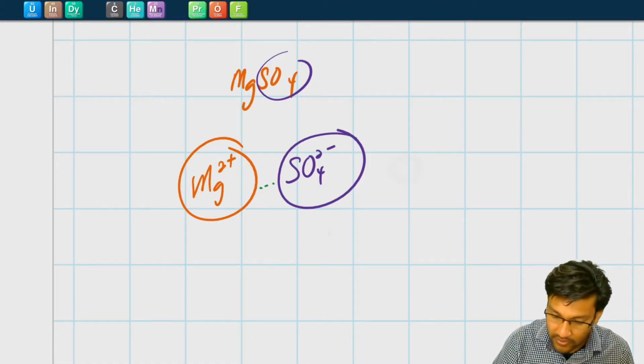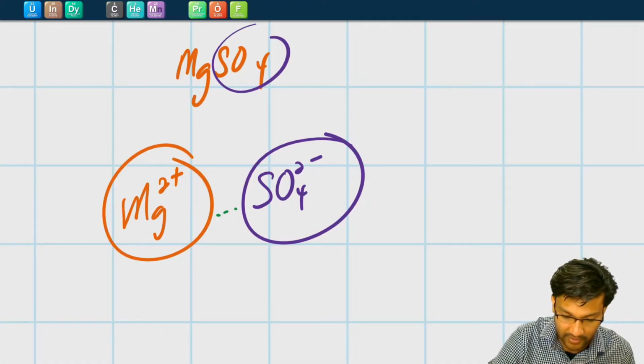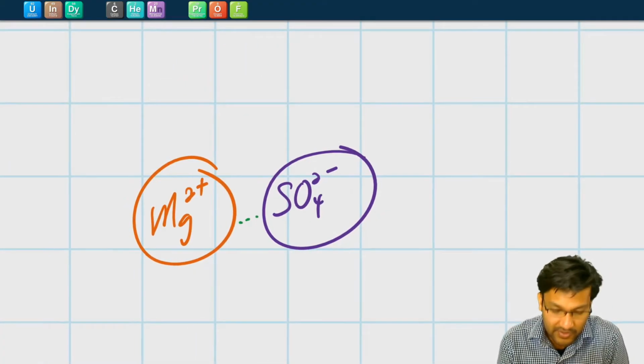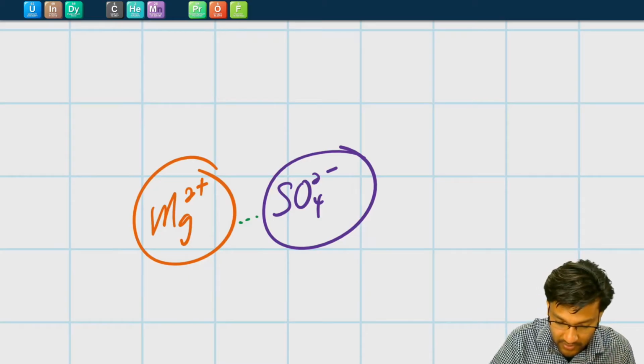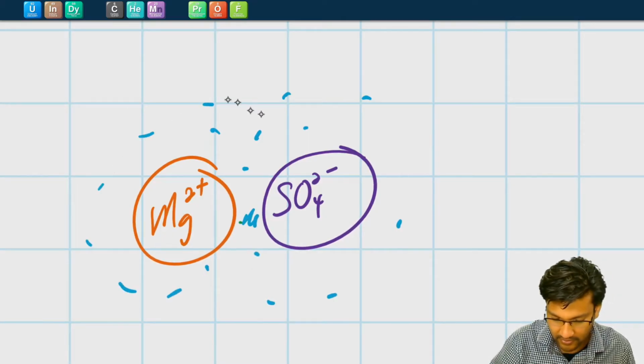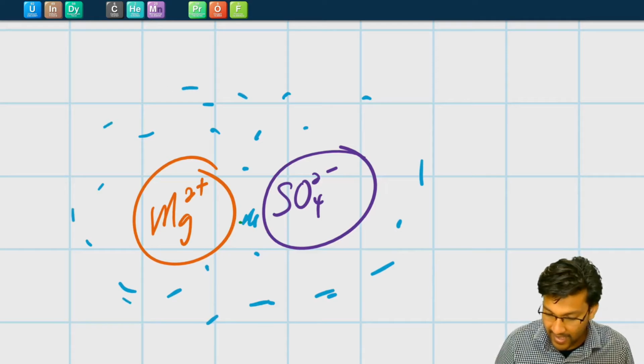When you add this into water, they dissolve. What happens is that water molecules come in, and imagine these are my water molecules, they break and disrupt these bonds and fit themselves all over these ions.